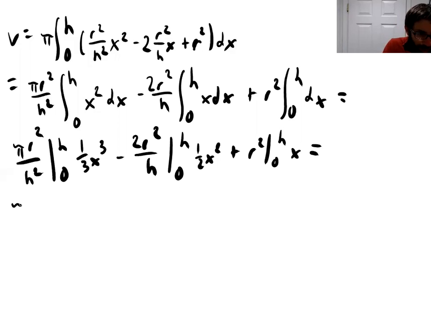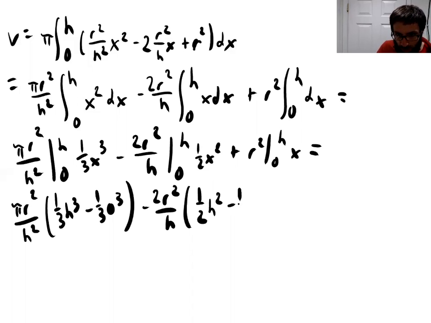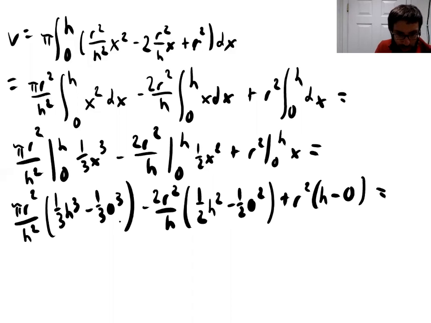At this point, we're going to have pi r squared over h squared times 1/3 h cubed, plugging in h for x, minus 1/3 times 0 cubed, minus 2 r squared over h times 1/2 h squared, minus 1/2 times 0 squared, and then plus r squared times h minus 0. All these 0 terms are going to go away, so let's just cross out these 0 terms. We don't have to look at these.